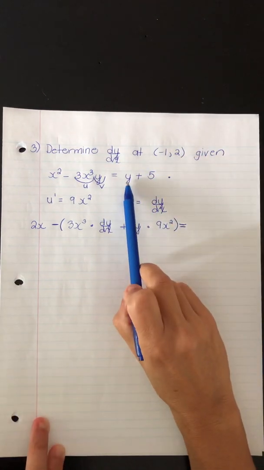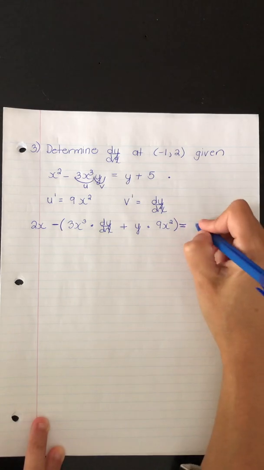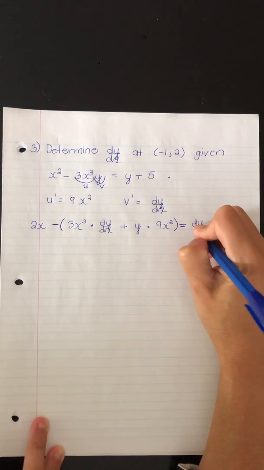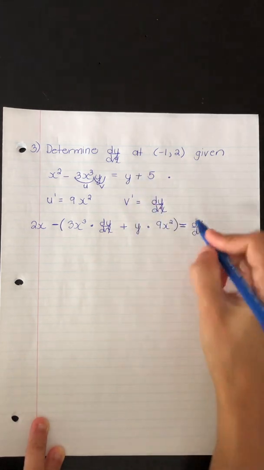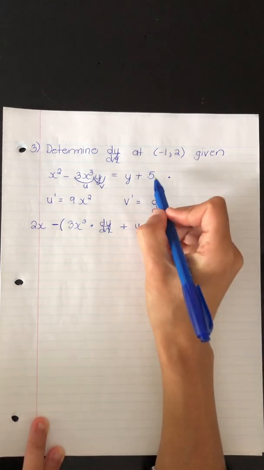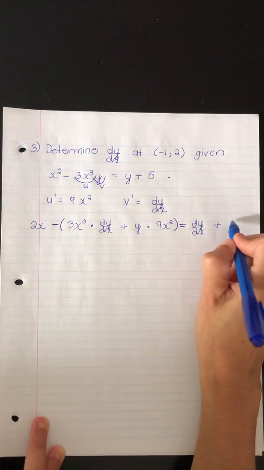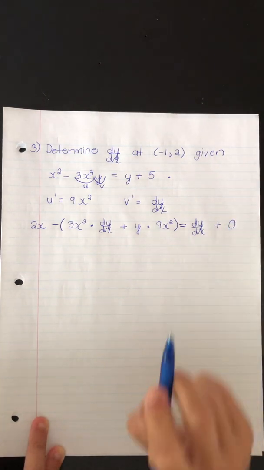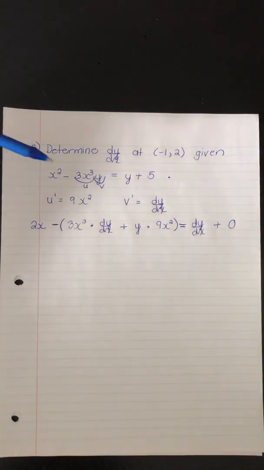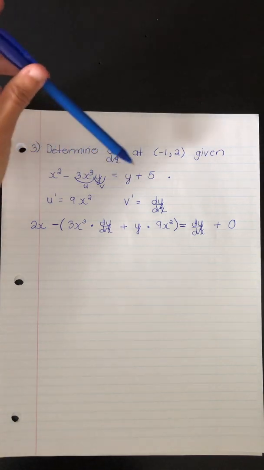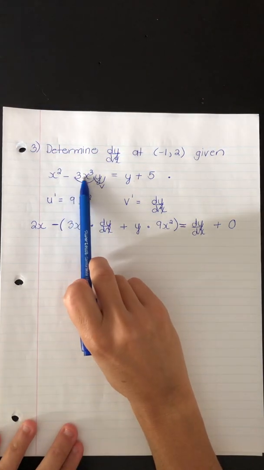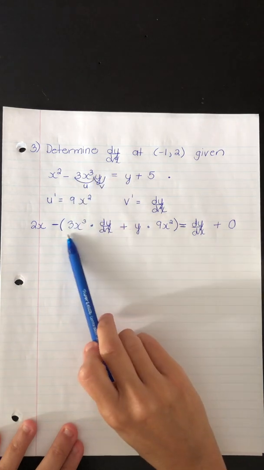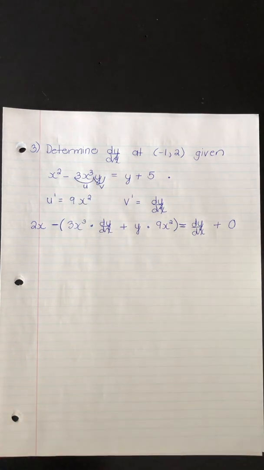Now I have to do what is the derivative of y? The derivative of y is dy by dx. Now I'm right here at the plus sign. What is the derivative of 5? The derivative of 5 is 0. Okay, so we took the derivative of 1, 2, 3, 4 terms, making sure that when we differentiated this term, we used a product rule.